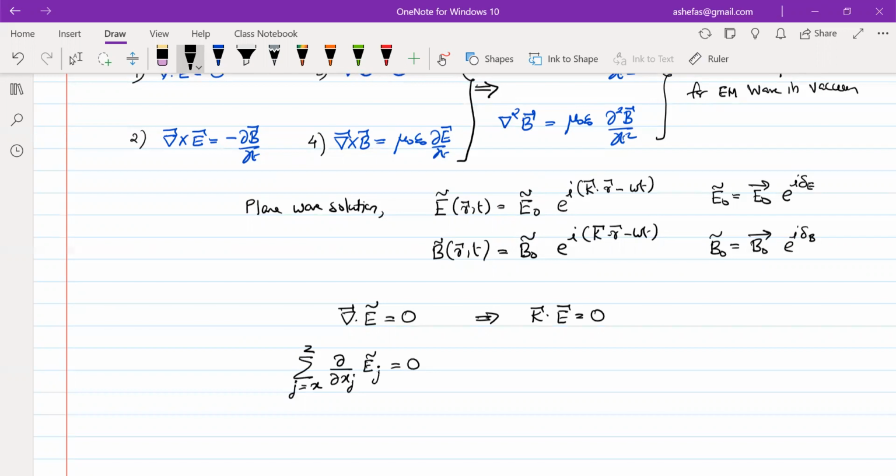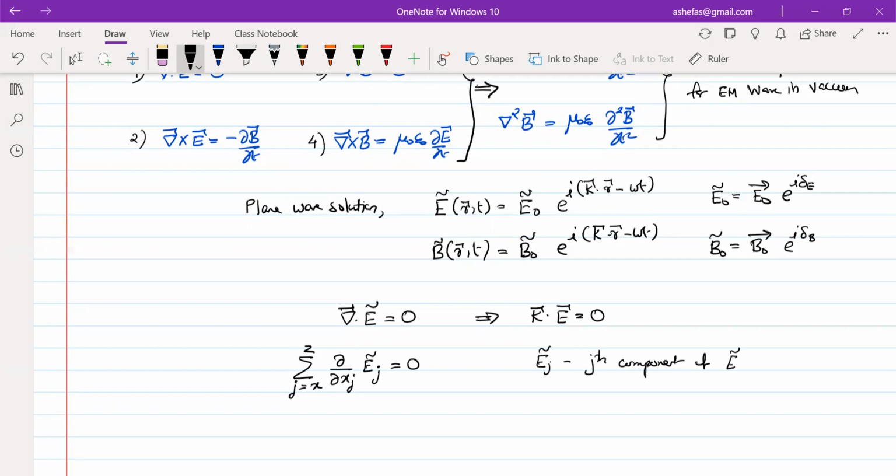Now what is E_j? E_j is the jth component of the complex electric field E. That means j can be x, j can be y, j can be z. So j equal to x means it will be the x component.